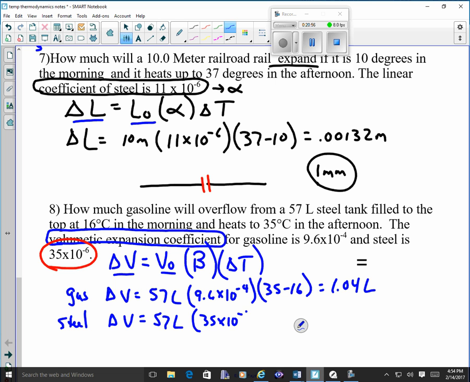It's again, same change in temperature. And so the gas tank itself only expands 0.03. Well, if you subtract those two, you're losing 1 liter of gas and it's only 0.03 liters of steel that's expanding. So you still get 1.01 liters that actually expands out of your gas tank.